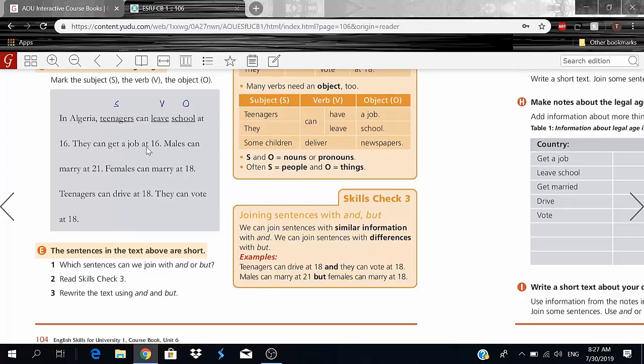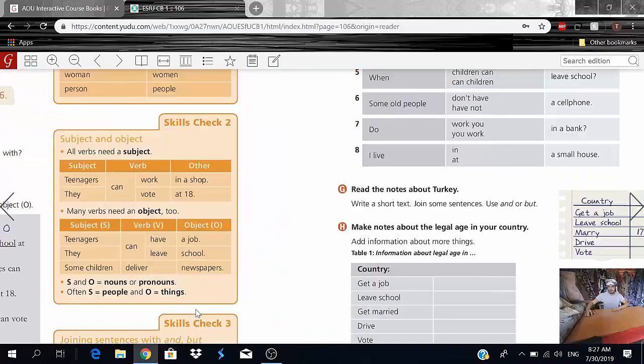So instead I use they. So teenagers can leave school and they can get a job at 16. Alright? Now let's use but here. So males can marry at 21, but females can marry at 18. And this is actually one of the examples here. Okay, these examples are the same. Alright? So males can marry at 21, but females can marry at 18. Okay? Now let us move on here.